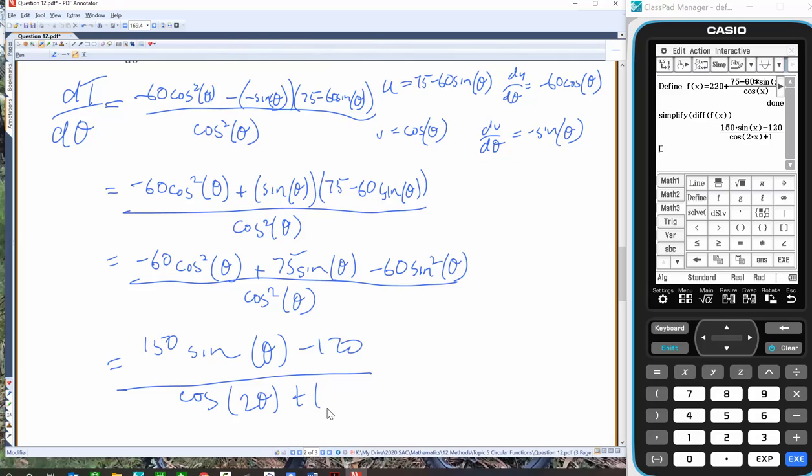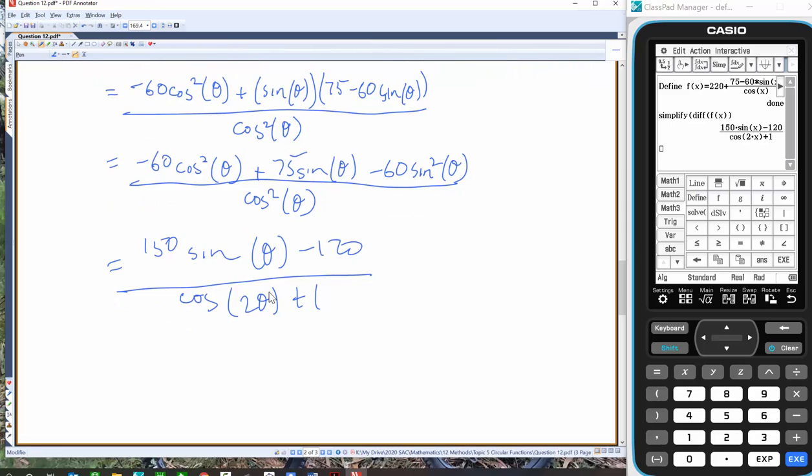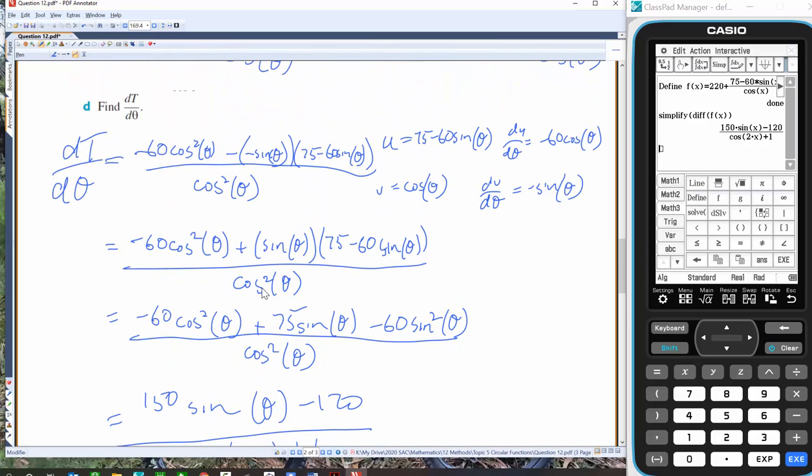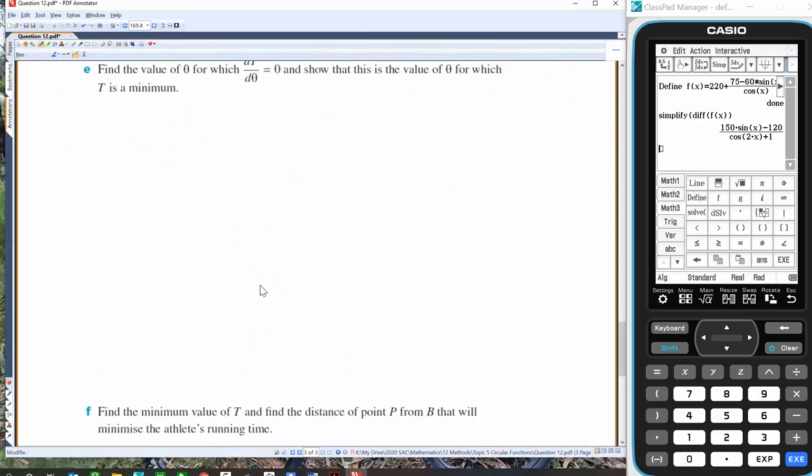And I can already see that this is a calculator question by one of the other parts of this question. So I feel really comfortable going from that to that at this stage, unless there's something really obvious that I'm missing on the simplifiers there. Anyway, let's go ahead and continue. So dT/dθ is that.